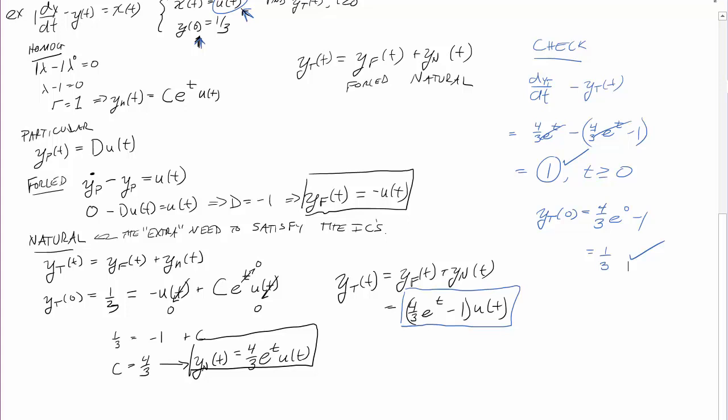So that's all well and good, and it's likely one of the ways you learned how to solve differential equations in your math class. What I'm going to do now is complicate things by talking about a different way to solve differential equations, and that is this zero state and zero input decomposition. So the idea is extremely similar to what we've already seen.